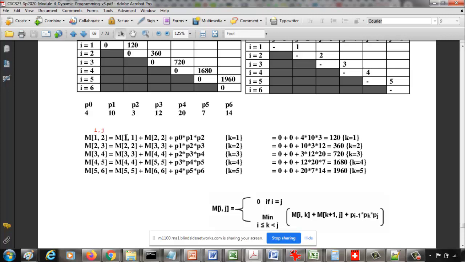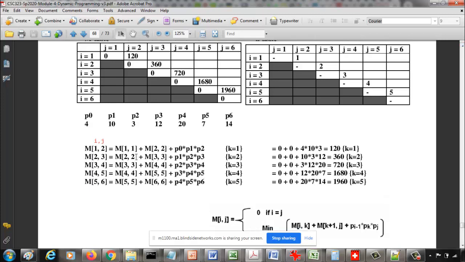All these come from the diagonal cells, because this is spread of 1, so these subproblems come from the earlier iteration. So M of 1 comma 1 is 0, M of 2 comma 2 is also 0, so P0 times P1 times P2 is 4 times 10 times 3, that is 120. There's only one K value, so that itself is the minimum. So 120 is the minimum number of multiplications for 1 comma 2, and K is 1.